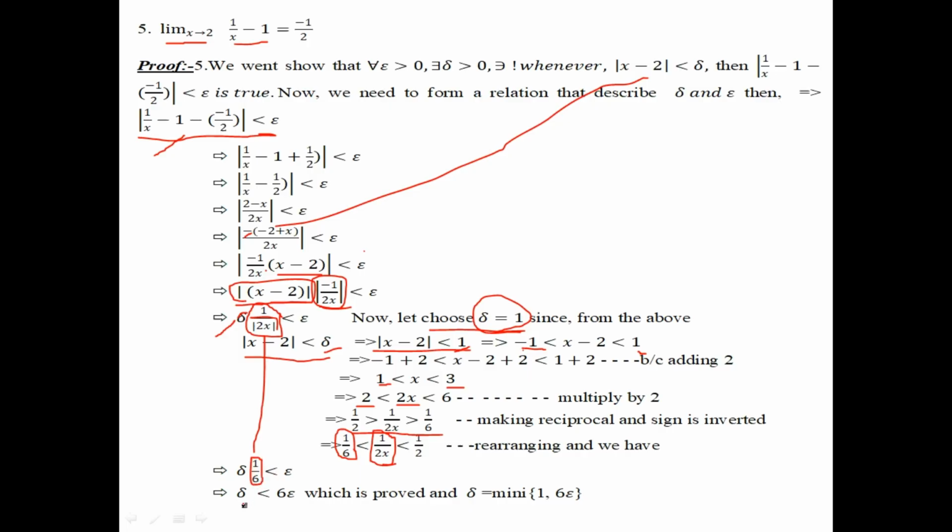In other words, delta is less than 6 epsilon, which is proved, and delta is the minimum of 1 or 6 epsilon.